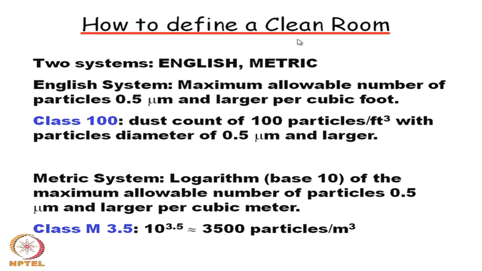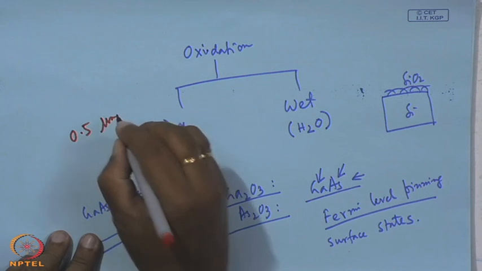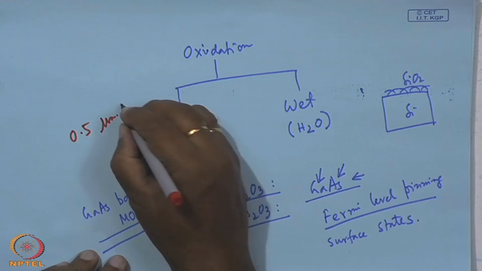Now, how do we define a clean room? There are two systems using which we can define a clean room. One is the English system, another is the metric system. In the English system, the maximum allowable number of particles is of size 0.5 micron or above, per cubic foot.